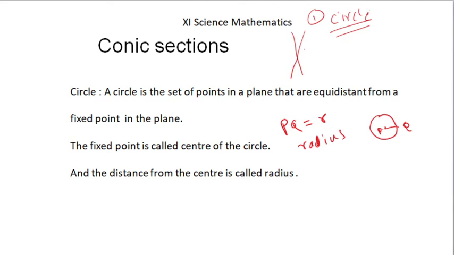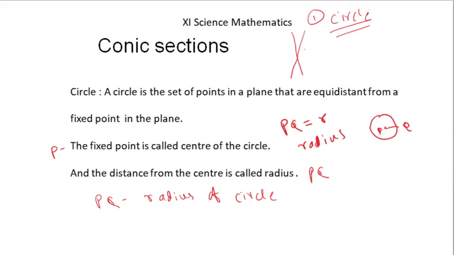Is it clear? A circle is a set of points in a plane that are equidistant from a fixed point in the plane. This fixed point, P, is called the center of the circle, and the fixed distance, PQ, is called the radius of the circle.